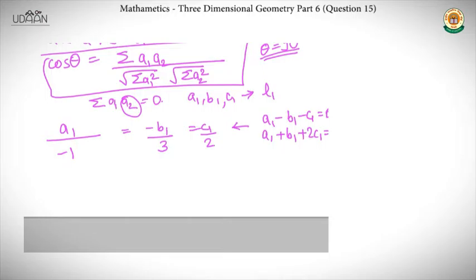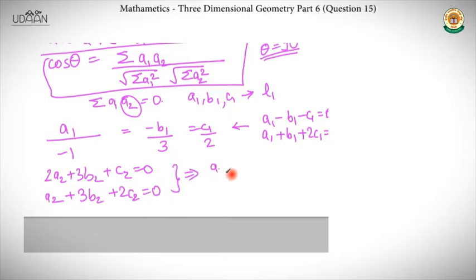Similarly, for a2, b2 and c2, we will obtain 2a2 plus 3b2 plus c2 equal to 0 and a2 plus 3b2 plus 2c2 equal to 0. This would give a2 by 3, which is minus b2 by 3, which is c2 by 3.